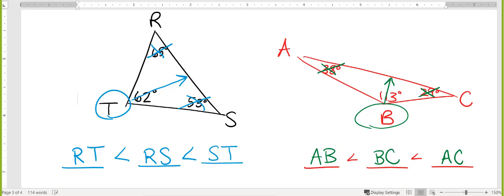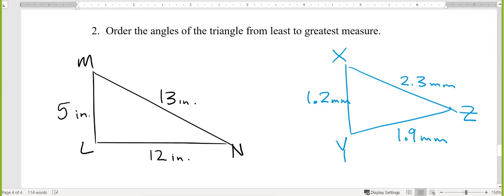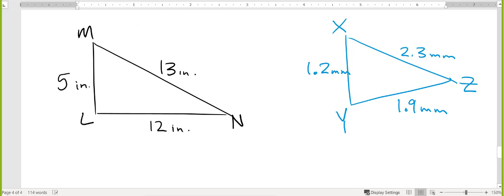Okay, I gave you the angles. You had to put the side lengths in order from smallest to biggest. Now I'm going to give you the side lengths, and you have to put the angles in order from smallest to biggest. So here on the black example, you've got 3 angles you've got to put in order from smallest to biggest.